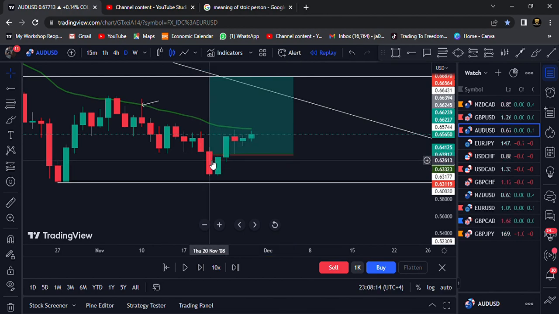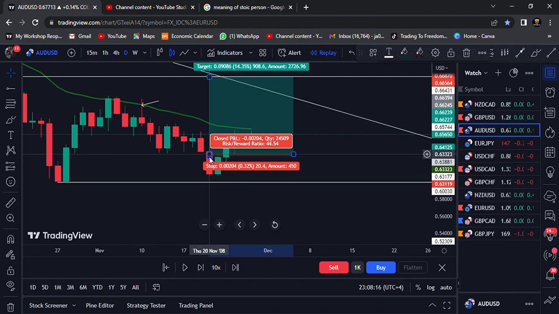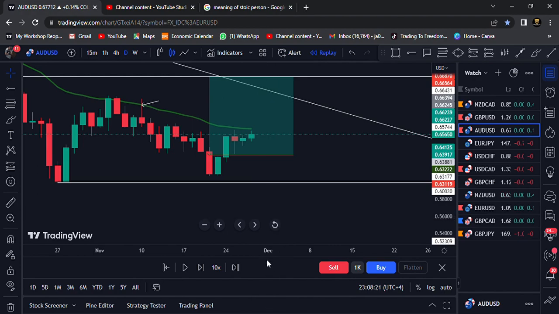So now we are in break even at this point. I mean, we are in profits, but if price comes back, then it will find us at the break even.